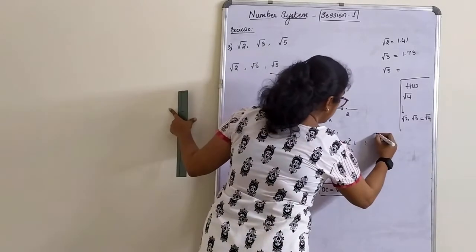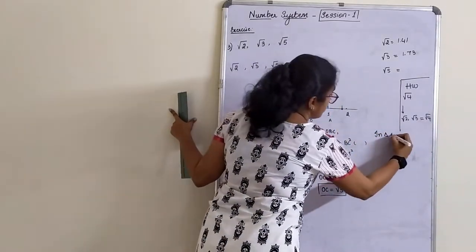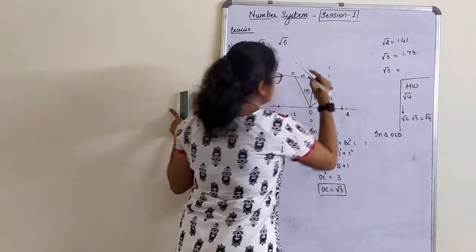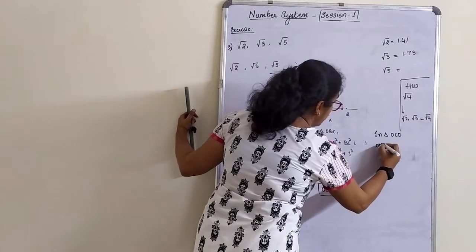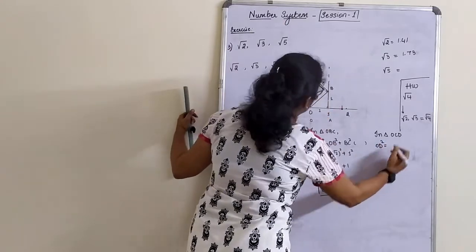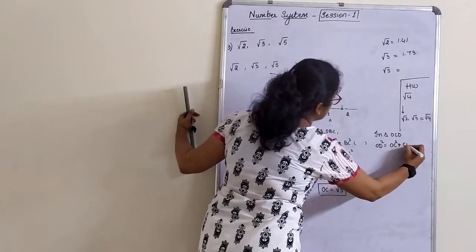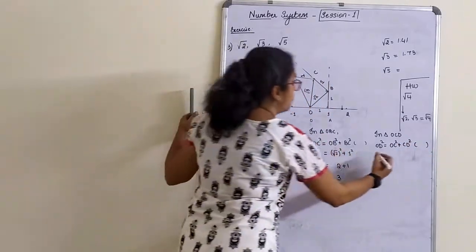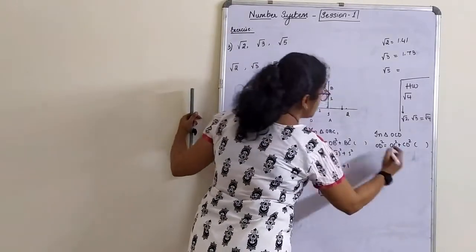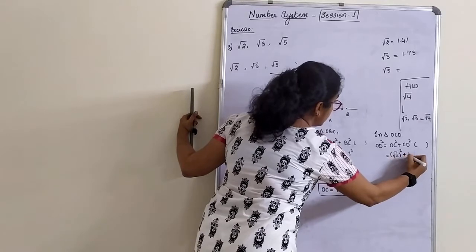In triangle OCD, angle C is equal to 90 degrees. So OD square is equal to OC square plus CD square. Reason: Pythagoras theorem. What is OC square? OC square is root 3 whole square. CD square is 1.